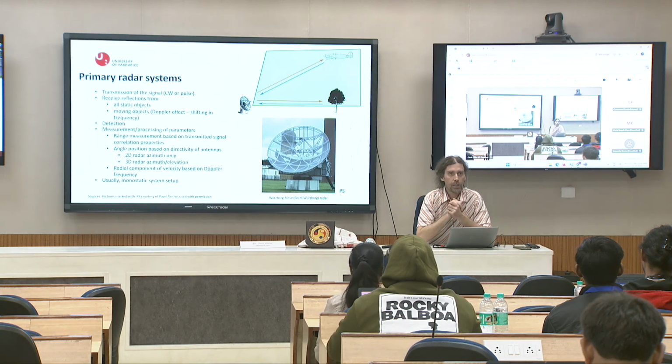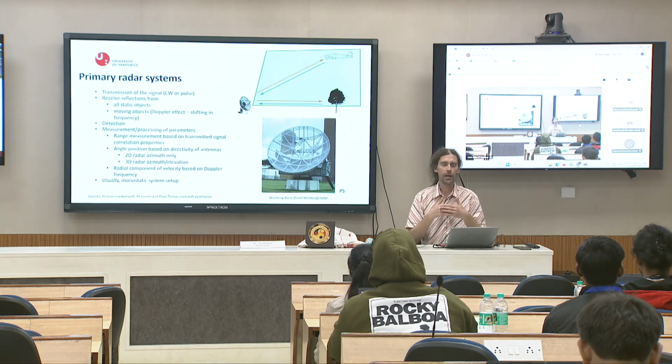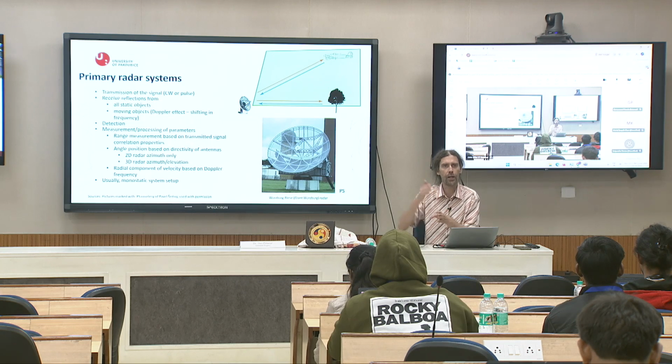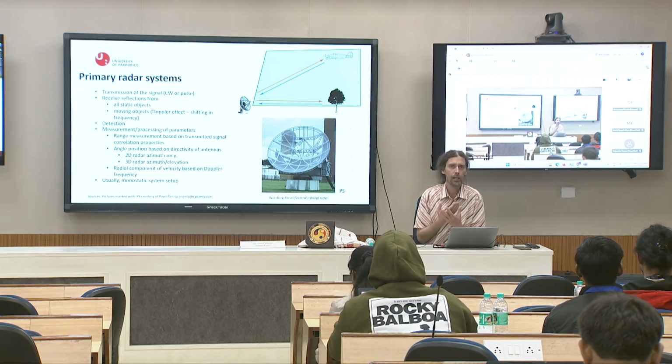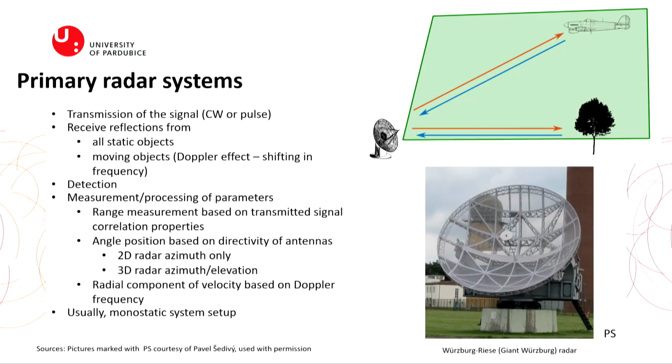How can I do it? You know that my transmitted signal is at some carrier frequency, I don't know, 3 gigahertz, 5 gigahertz, 10 gigahertz. It depends on the frequency band in which my radar operates. And if I send a signal to a moving target, the reflected signal will have a slightly shifted frequency.